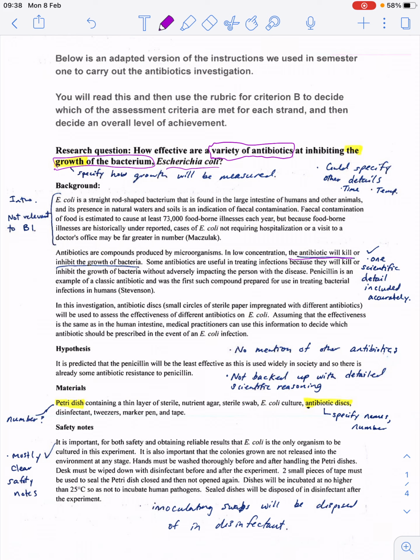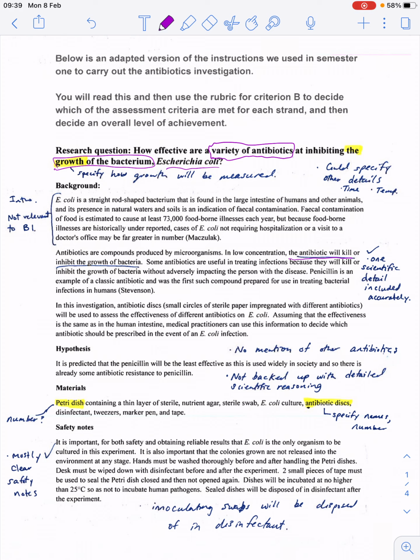So in our case, we are going to look at the exclusion zone and specifically the exclusion zone radius. So that detail could have been included, and other details about what period of time this was going to be measured over, what conditions they were going to be grown under, like the temperature, because all of those things have an effect on how well bacteria will grow and how impactful the antibiotics will be.